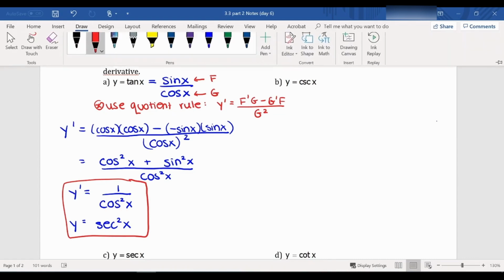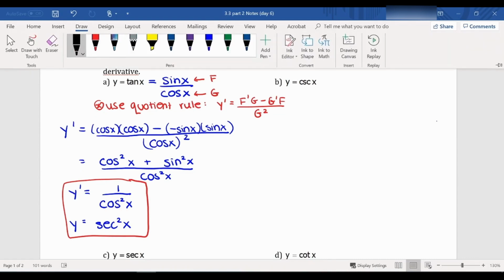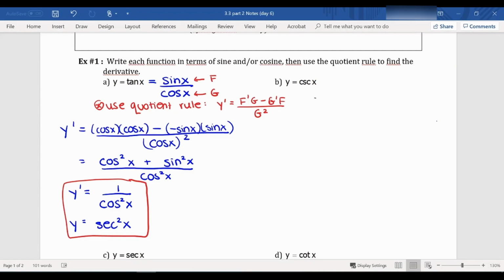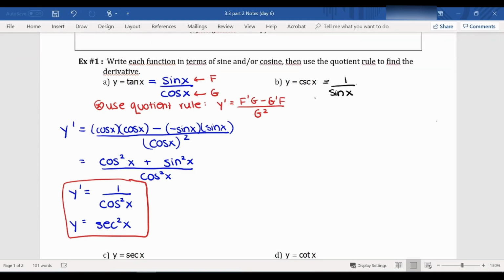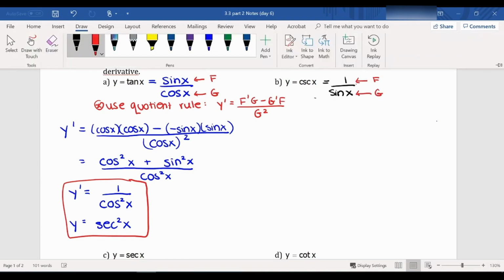Okay. For the next one, same thing. I'm going to rewrite in terms of sine and cosine. I'm going to write this as 1 over sine x. Again, I can use my quotient rule. My f is the top, my g is the bottom.